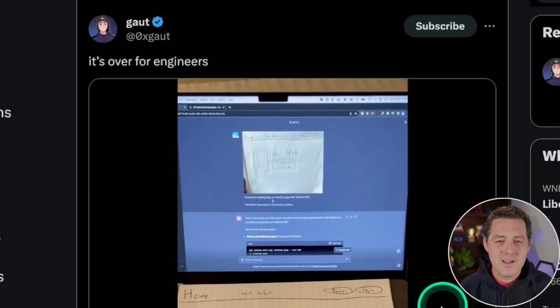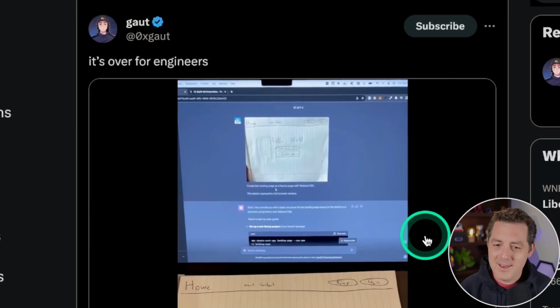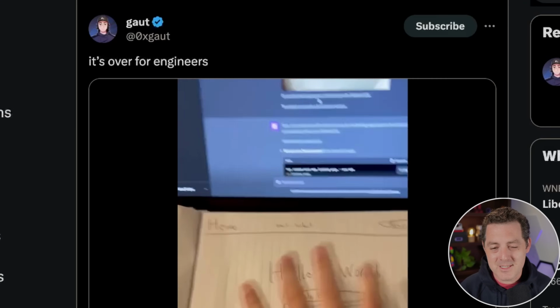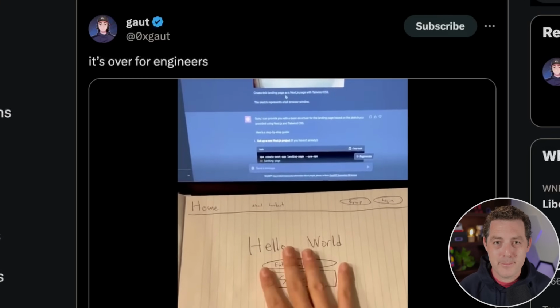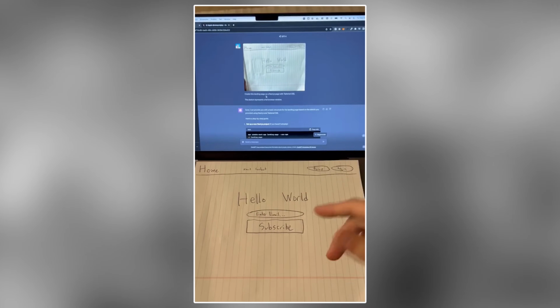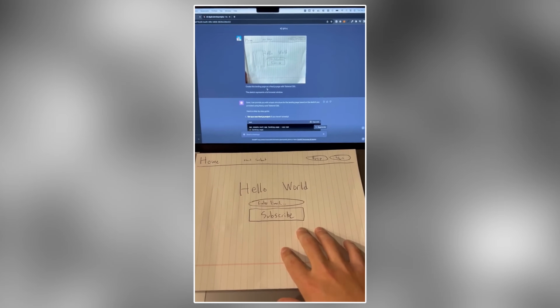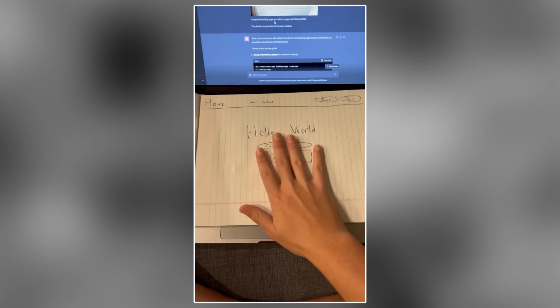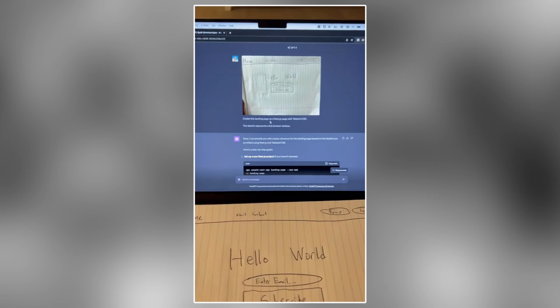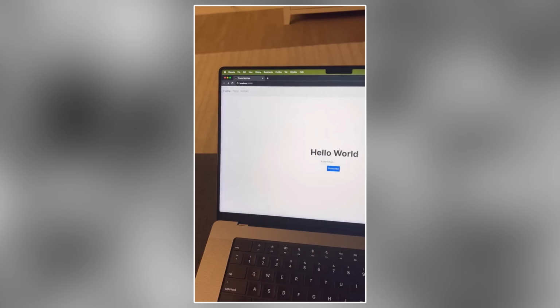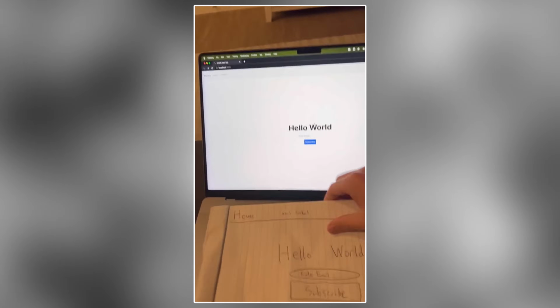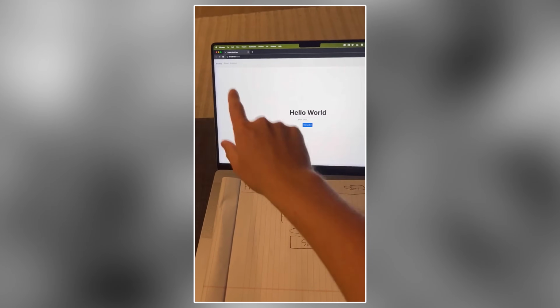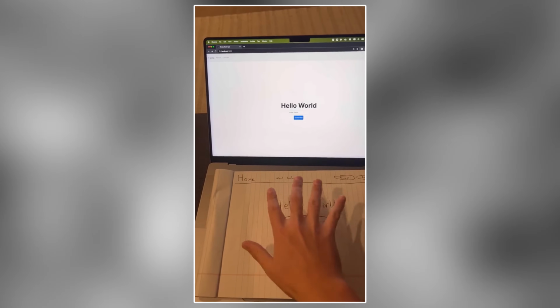Okay, this is another one by Got, and another example of how designers and engineers are going to be completely upended. Here, a very simple handwritten sketch of a homepage. Took a picture, uploaded it, and there it is. Hello world, with the button right there, subscribe, a little input box right there. So extremely, extremely impressive.